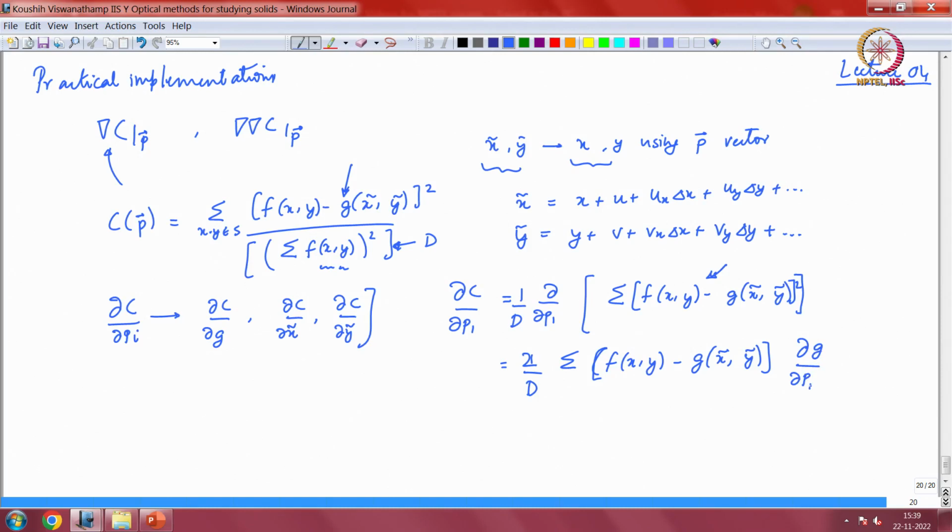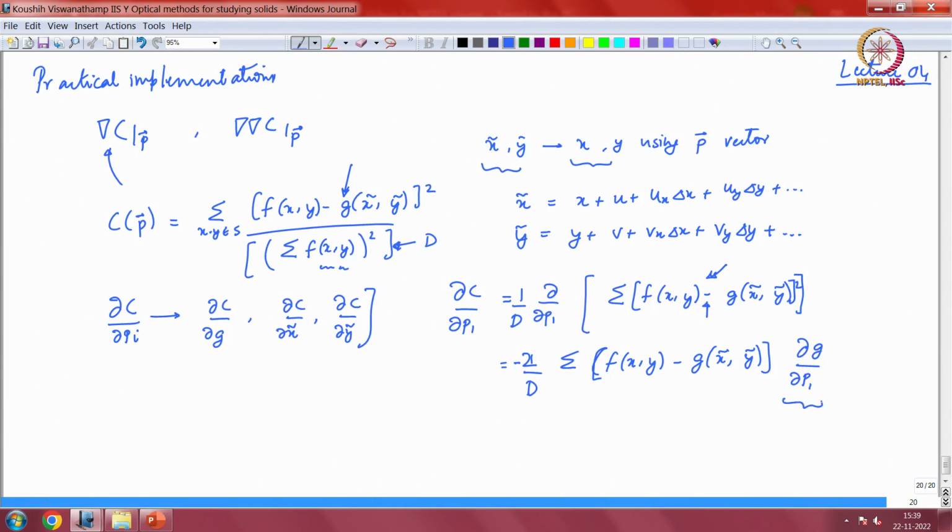Okay. Just a chain rule applied to the square term, and there should be a minus sign because there is a minus sign over here. So, it will be minus 2 by D sigma f minus g dou g by dou p1, okay, that is dou C by dou p1.